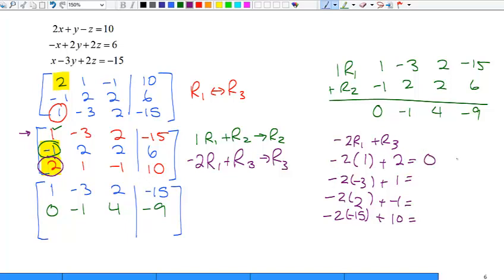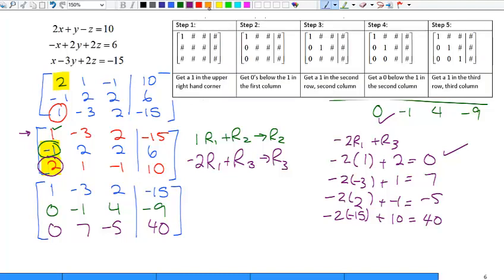So -2 plus 2 is 0. Yay, no surprises there. That's what we were hoping to have happen. 6 plus 1 is 7. -4 minus 1 is -5. +30 plus 10 is +40. So I can put 0, 7, -5, and 40 in my row 3.